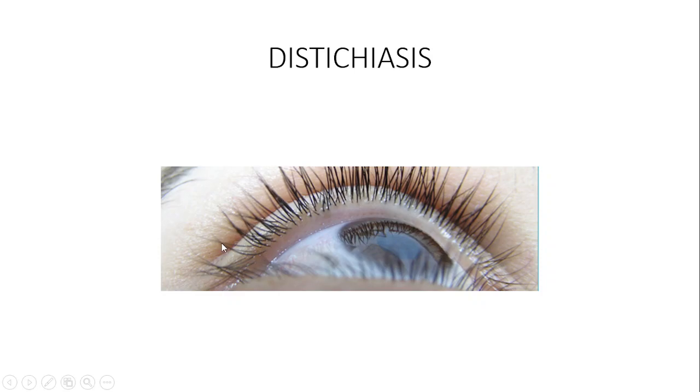You may have two or even three rows of eyelashes, as you can find here. At the upper eyelid and upper eyelashes, you can find more than one row of eyelashes, and this is known as what? Distichiasis. Okay, that is it.